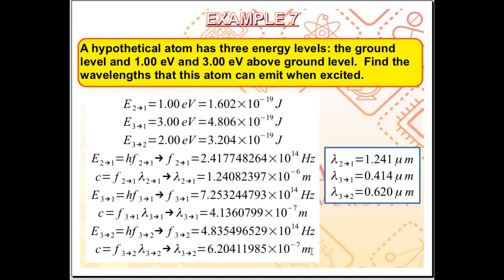You have lambda 2 to 1, 1.241 micrometers. Lambda 3 to 1, 0.414 micrometers. And lambda 3 to 2, you have 0.620 micrometers.